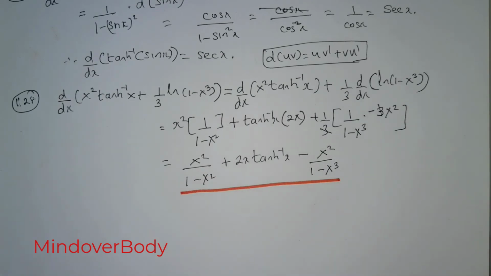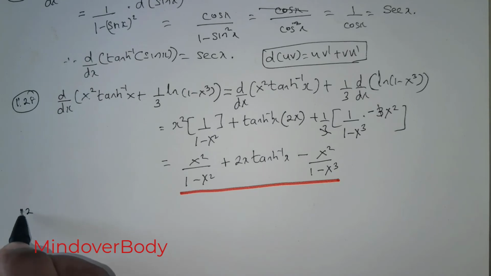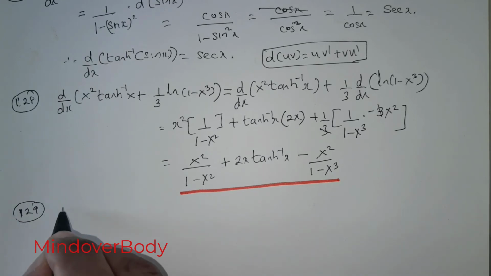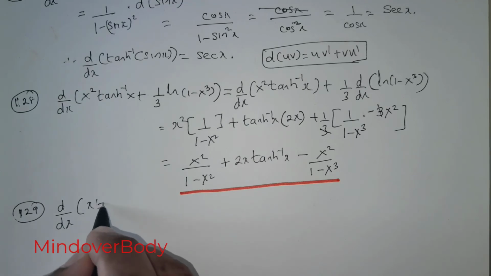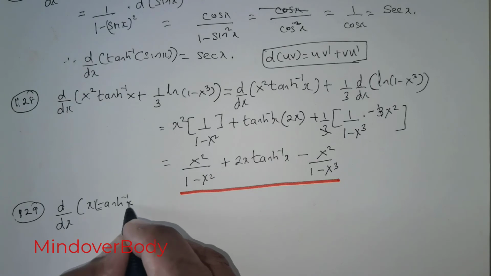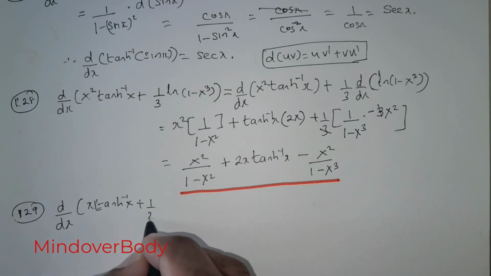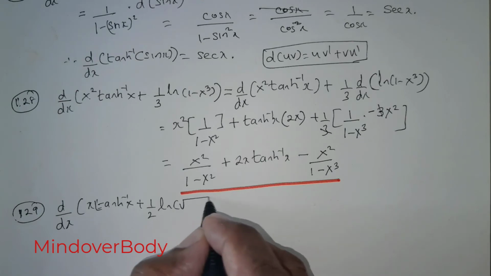But instead of this, if we were given a question like this, say 129, we are expected to differentiate x times tan inverse of x plus 1 over 2 times ln of root of 1 minus x squared.